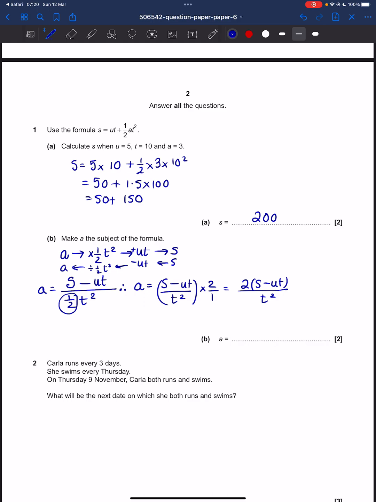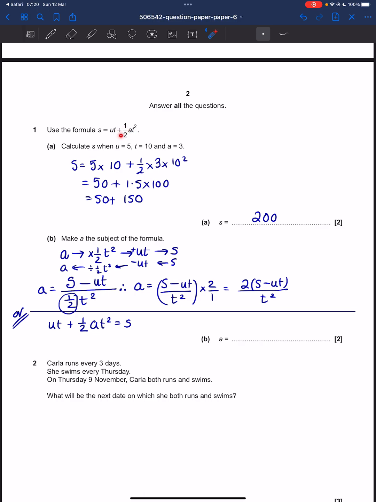The other way you can do it is, we start with the formula. I'll write it the other way around with the A on the left hand side of the equals. Okay, this is an or, you don't have to do it both ways.